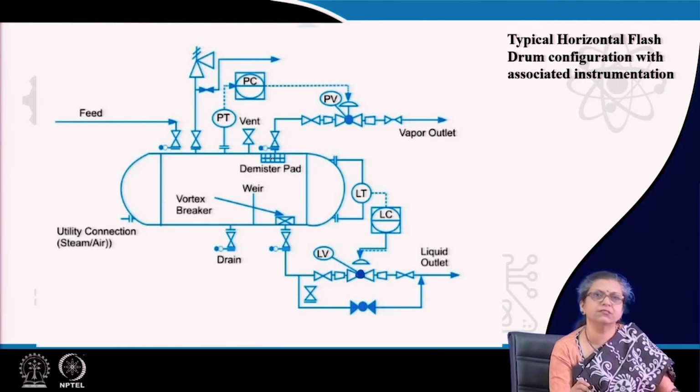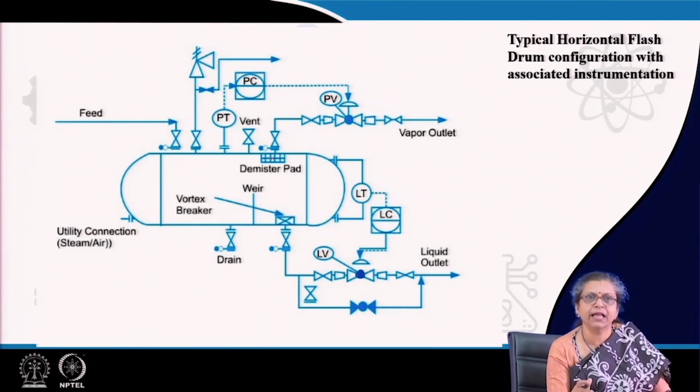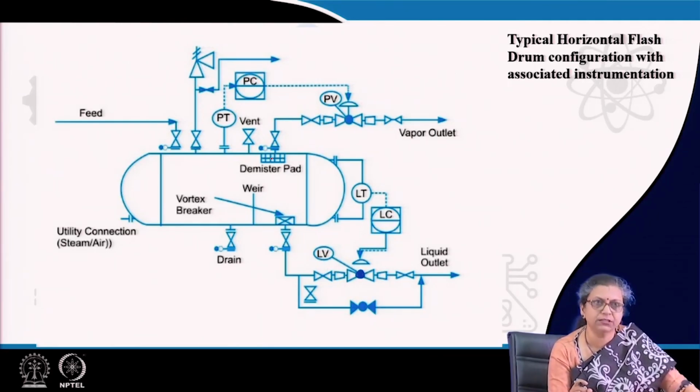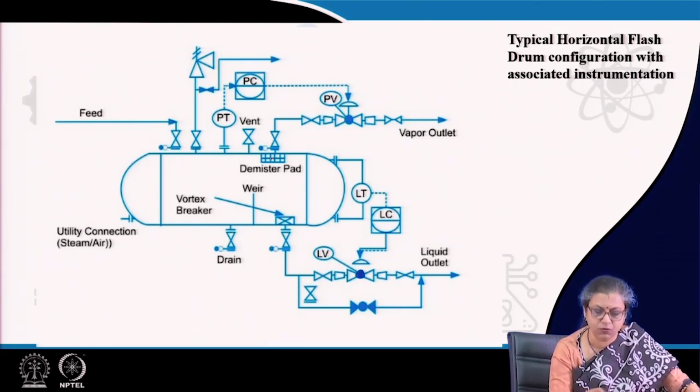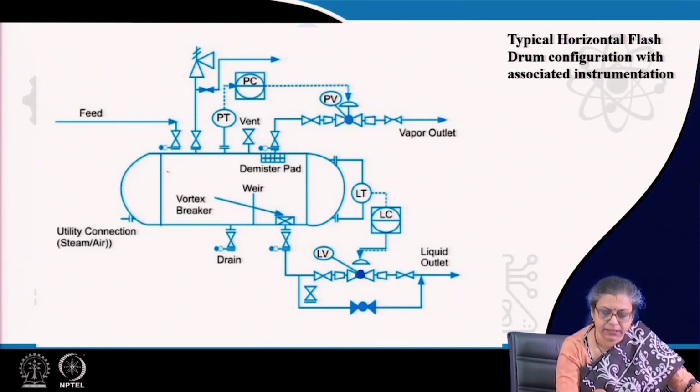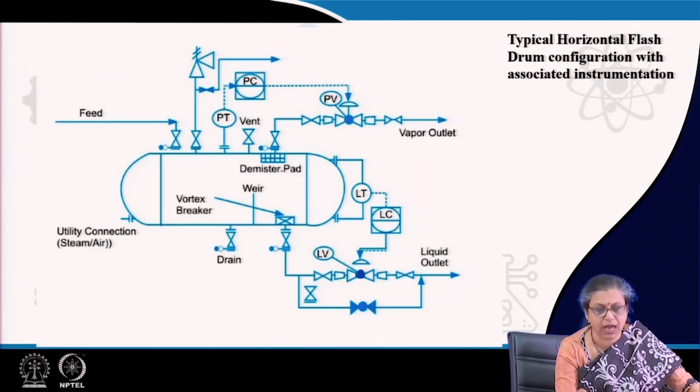For the moment, it is sufficient for you to remember that usually for vertical flash drums, the length to diameter ratio is around 3 to 5. When it exceeds 5, generally we go for a horizontal flash drum. In a horizontal flash drum, naturally the vapor has to flow through a larger path.